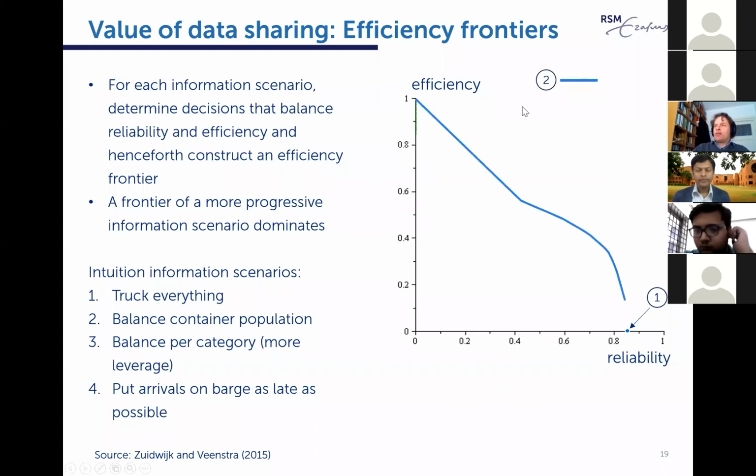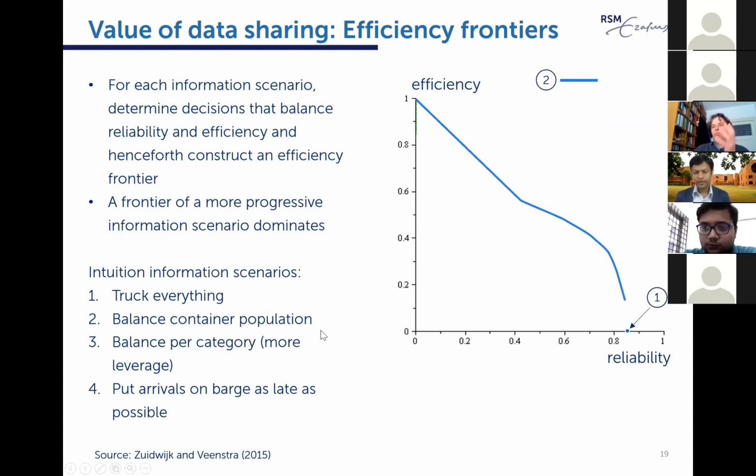Then in the second scenario, we have this efficiency frontier. There's a nice shape. It's not convex, for those who are interested in mathematical details. So actually you cannot use an approach where you scalarize your trade-off. That's maybe an important thing.